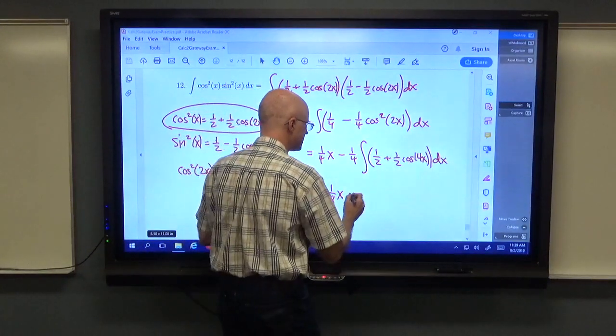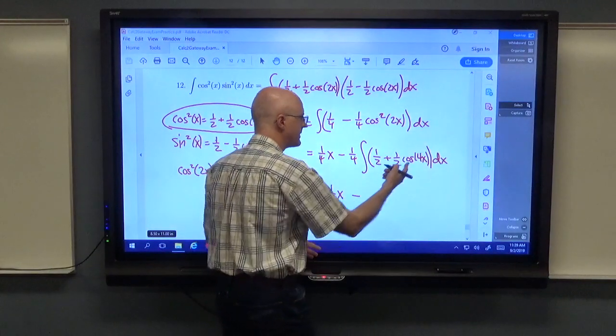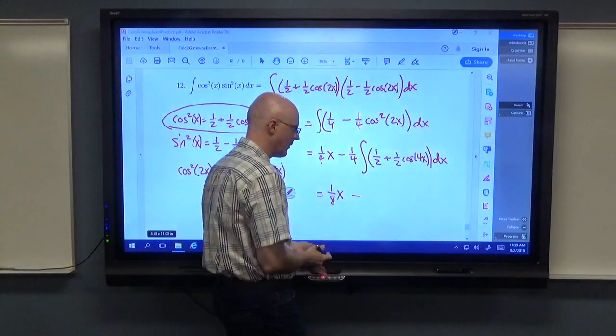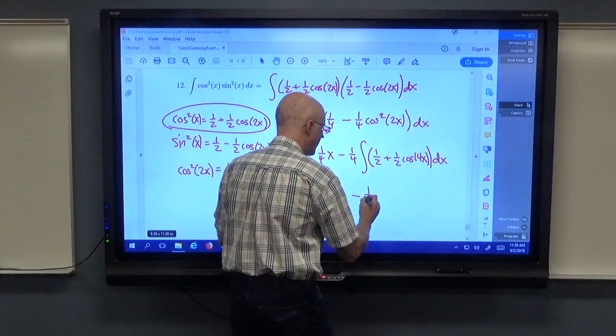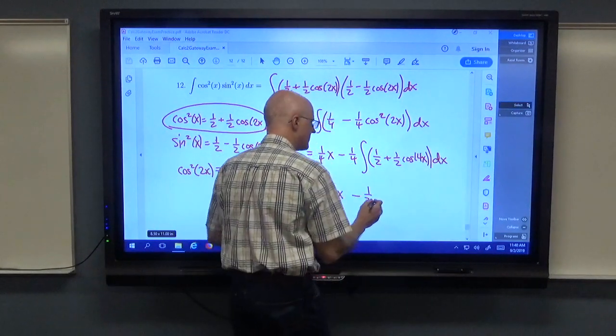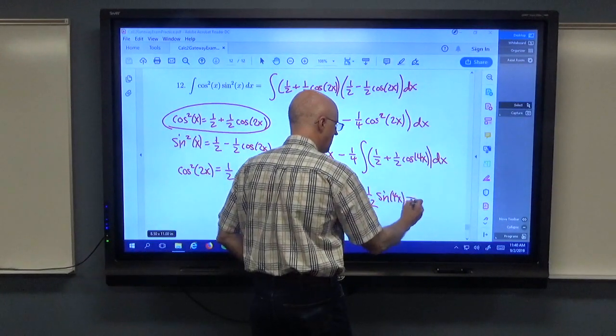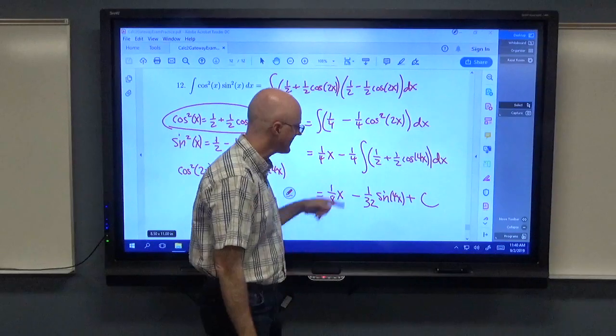And then we have a minus 1/4 times 1/2 is 1/8, but then when we integrate cos 4x, we'll get another factor of 1/4. We're going to get minus 1/32. Integral of cosine is sine. Should I say that again?